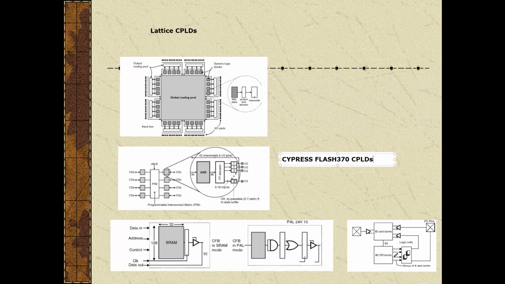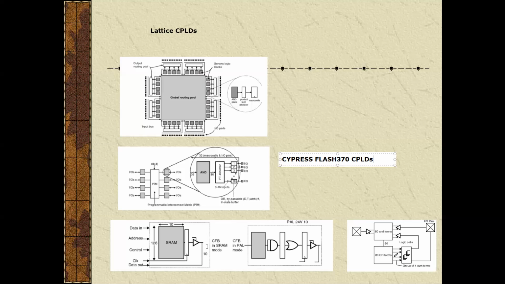The ultra Flash logic CPLDs have in-system programmability and provide on-chip SRAM blocks. This figure shows the architecture of Flash logic devices, which consist of PAL blocks known as configurable functional blocks.